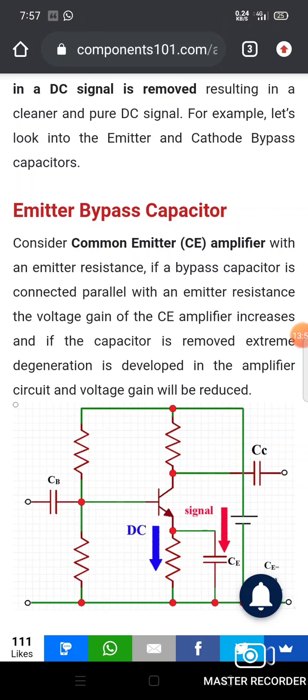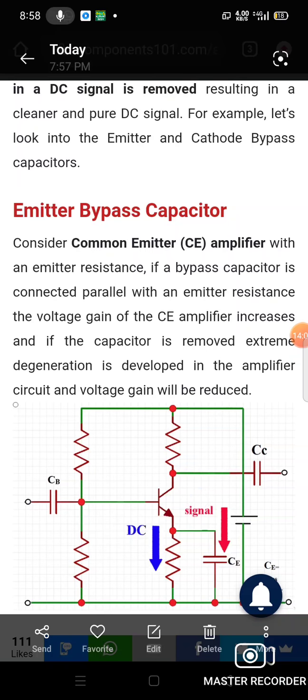So finally the amplifier output voltage is reduced, and the gain between input and output is reduced. So the capacitor is very important for the amplifier circuit to get higher voltage gain. That is the emitter bypass capacitor function.